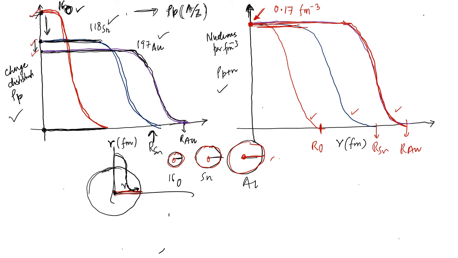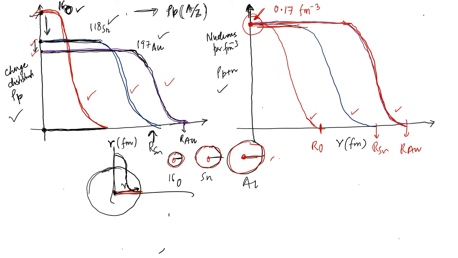This part is the same as the charge density, but at the center the matter density is almost the same, while the charge density was different. So the density is supposed to be almost the same anywhere inside the nuclear system, supposing it is of a spherical shape.